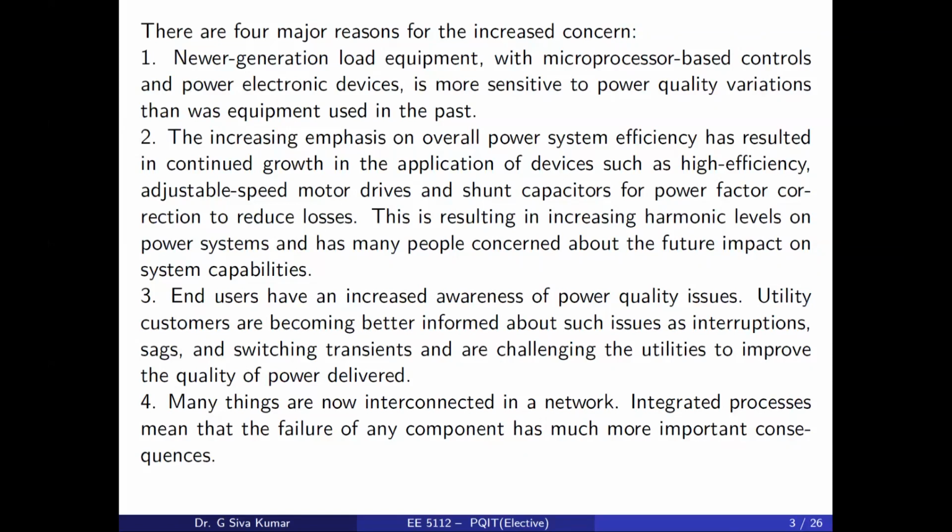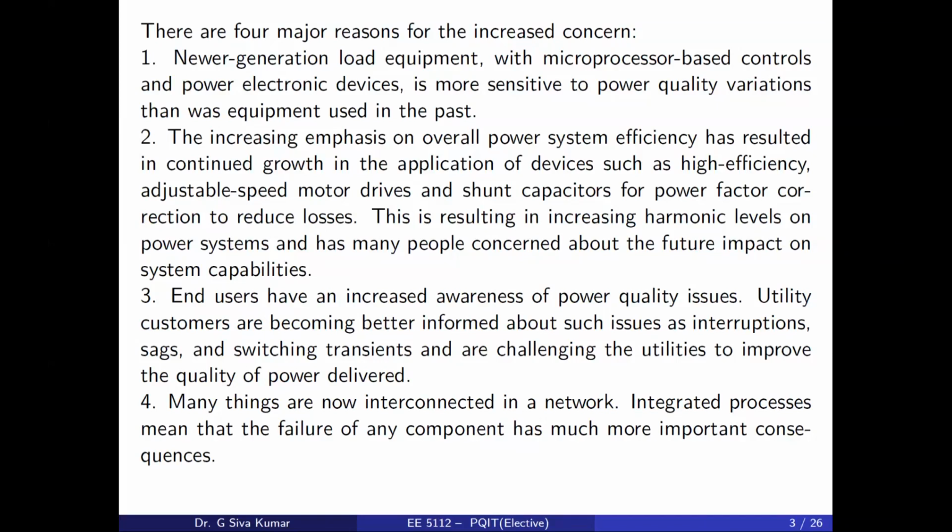Many things are now interconnected in a network. Almost in India, all the grids are connected very well. An integrated process means that the failure of any equipment has more important consequences. Even you might be hearing that if there is any issue over there, it will impact all the grids. Why?